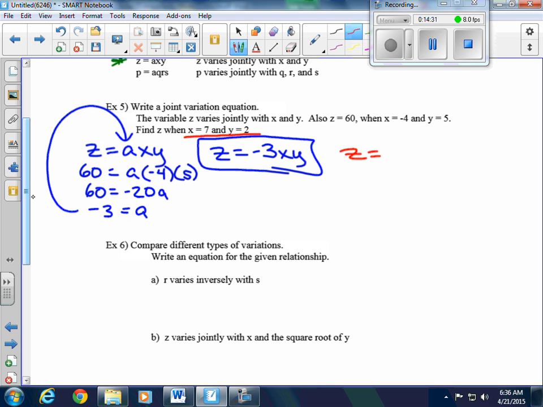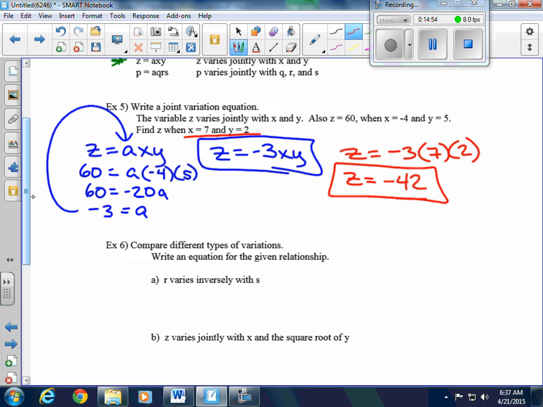So Z equals negative 3, and they say X is 7 and Y is 2. So that is going to give us negative 21 times 2, which is negative 42. So there is what the answer is for Z.